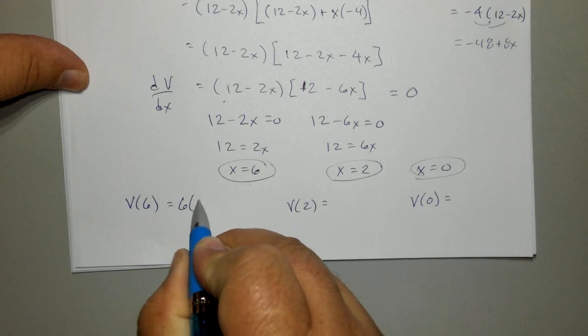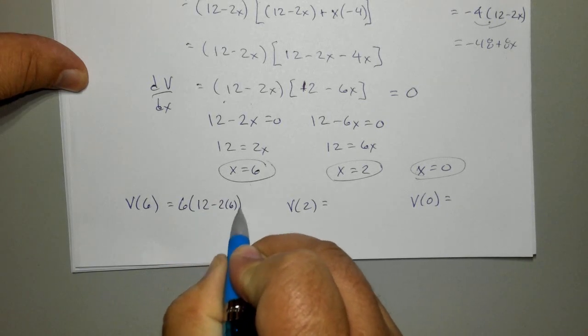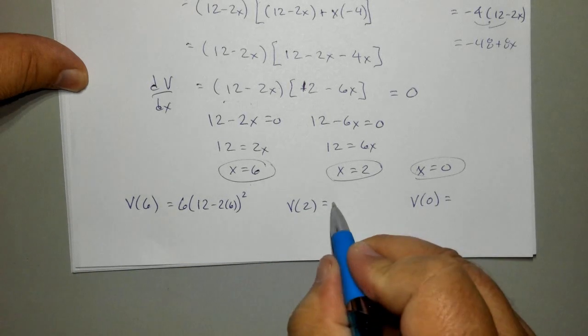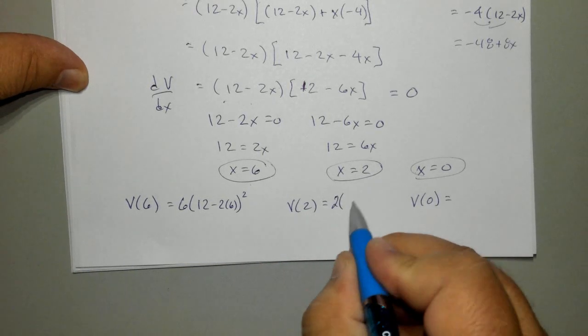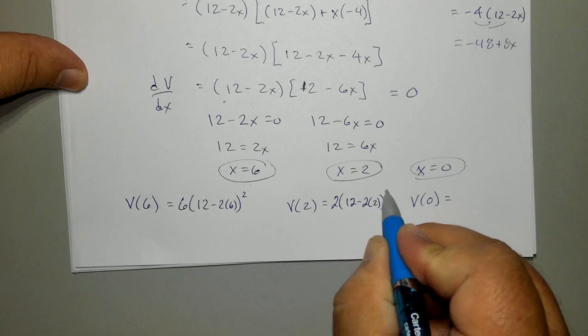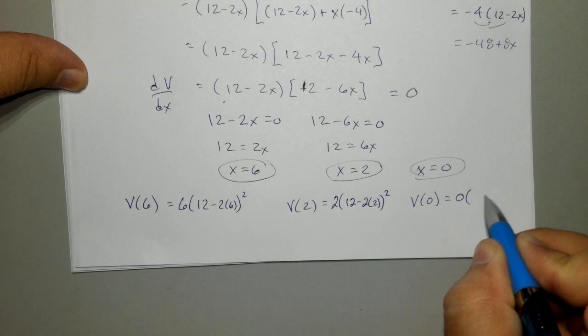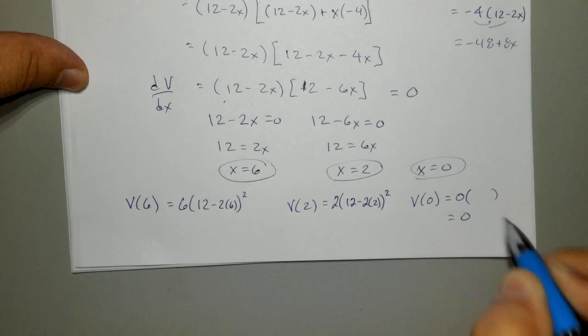It's 6 times 12 minus 2 times 6 squared. 2 times 12 minus 2 times 2 squared. Anything times 0 is 0.